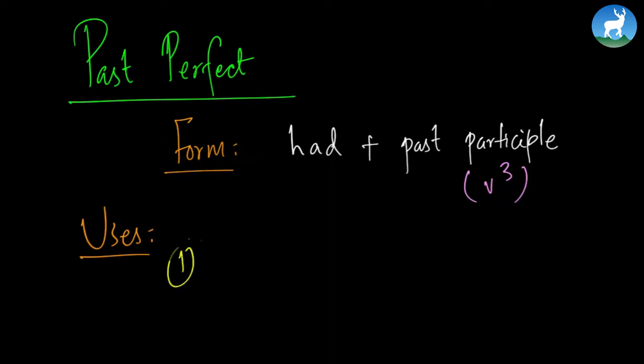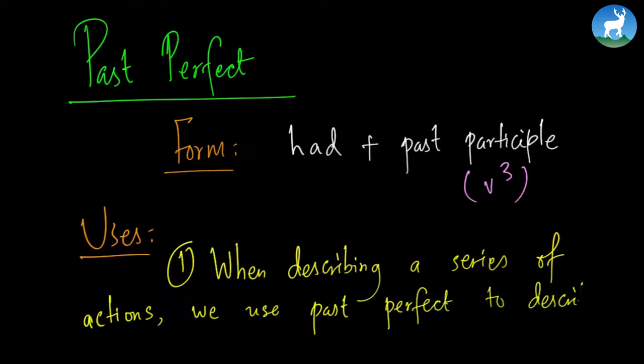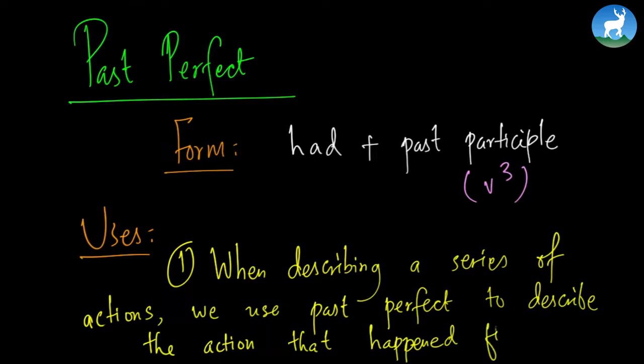The first use is when describing a series of actions, we use past perfect to describe the action that happened first. So this is the rule. When describing a series of actions, we use past perfect to describe the action that happened first.